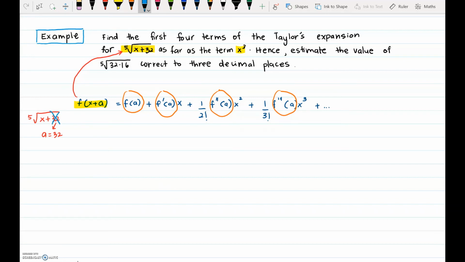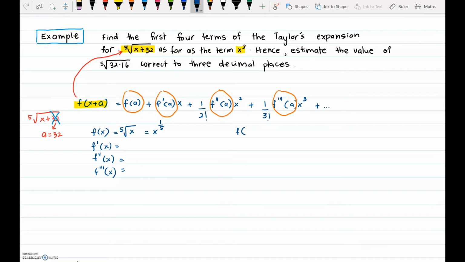But now what will be your f(x)? Yes, your f(x) will be root 5 of x, which is equals to x power of 1 over 5. Okay, then with a similar step, we will find f prime x, we will find f double prime x, f triple prime x, and we will find what is your f(a).